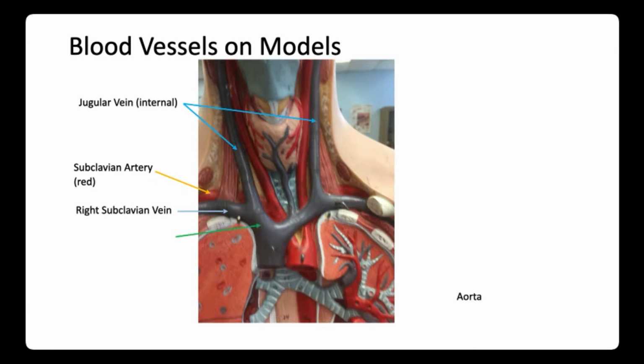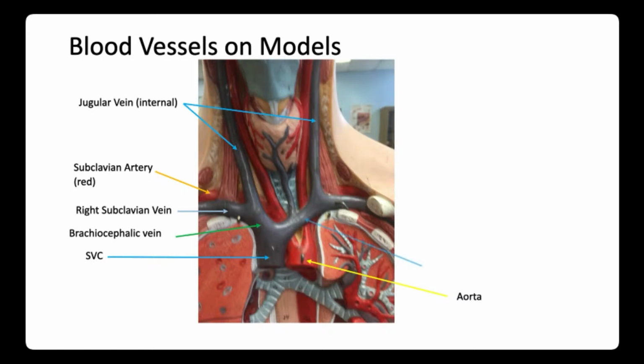Here. That's right. That's the right brachiocephalic vein. Here. Yes. Superior vena cava, SVC. How about here?